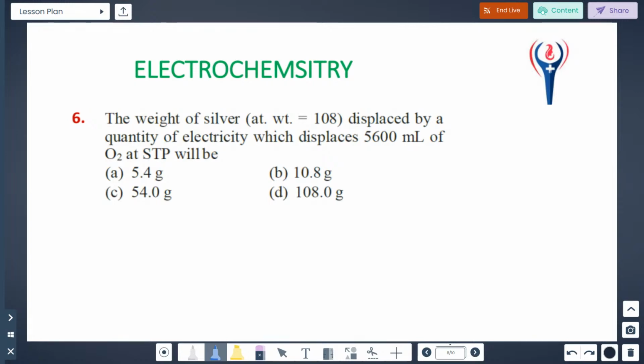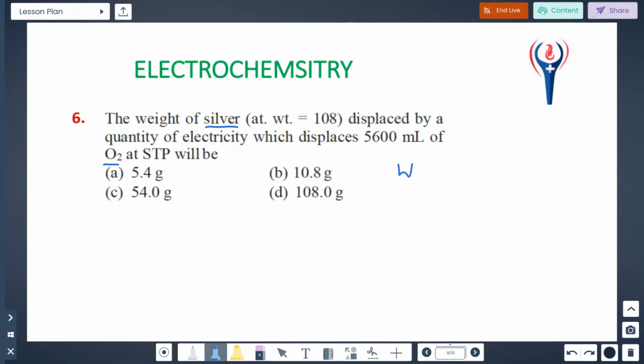Next one, this is based on Faraday's second law of electrolysis. The weight of silver displaced by the quantity of electricity which displaces 5600 ml of oxygen at STP will be? They are asking to find only the weight of silver. Just remember the formula. Two components are given, one is silver, one is oxygen.